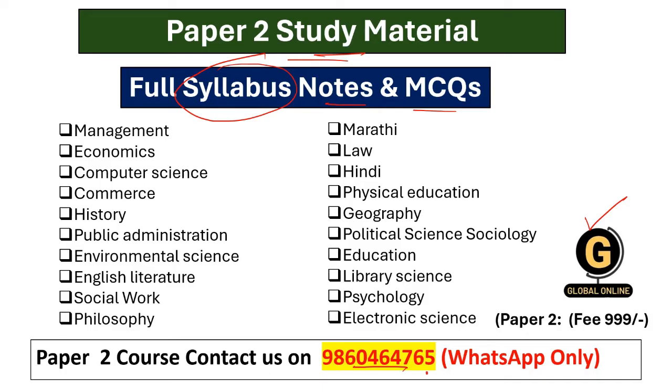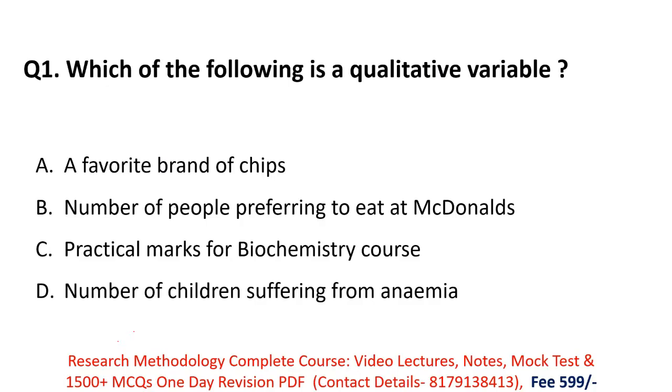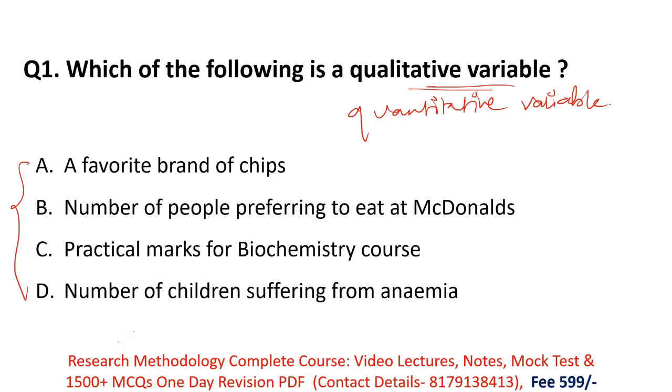Without wasting our time, we'll see the first question. Which of the following is a qualitative variable? What are they asking? Qualitative variable. In this question, they have given us some examples of qualitative as well as quantitative variables. Remember, in research there are two types of variable. First is qualitative and second is quantitative variable.